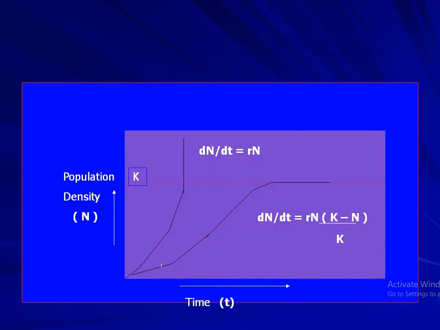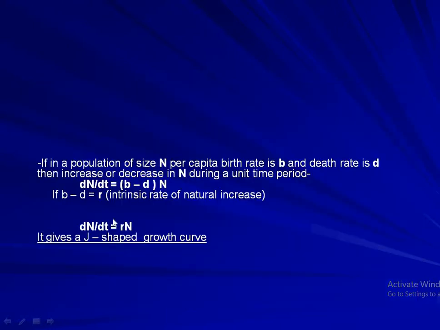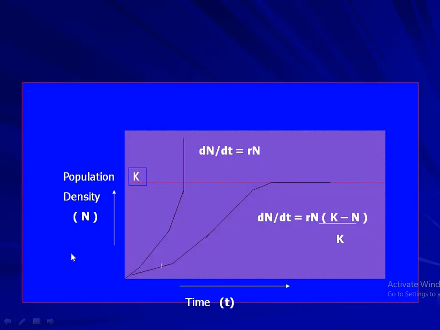So this is the graphical representation of exponential growth. If you see this graph, which is the J-shaped graph, it is the graph of exponential growth, plotted with population density, denoted as N, against time.